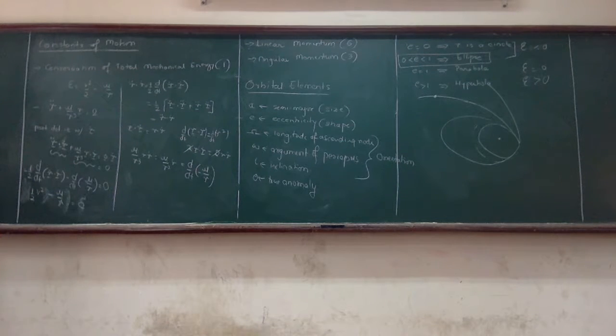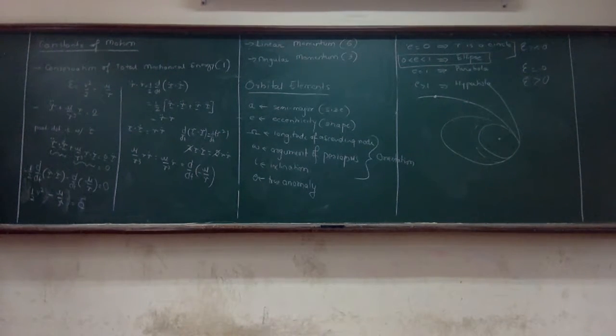How many parameters do you need to define position in 3D? 3, right? So similarly, you need 3 angles to define orientation of something. You have to understand and appreciate that.